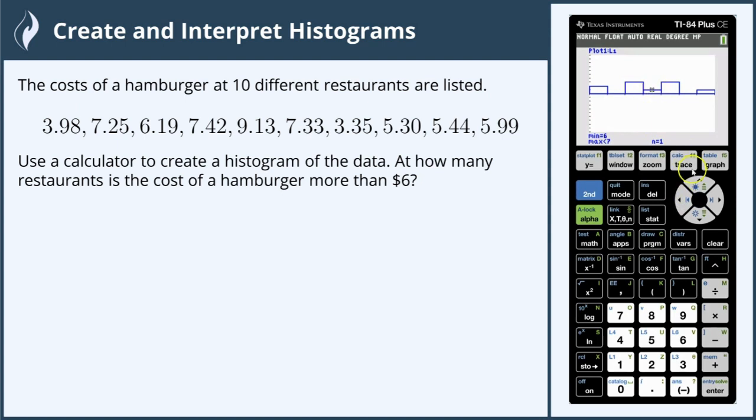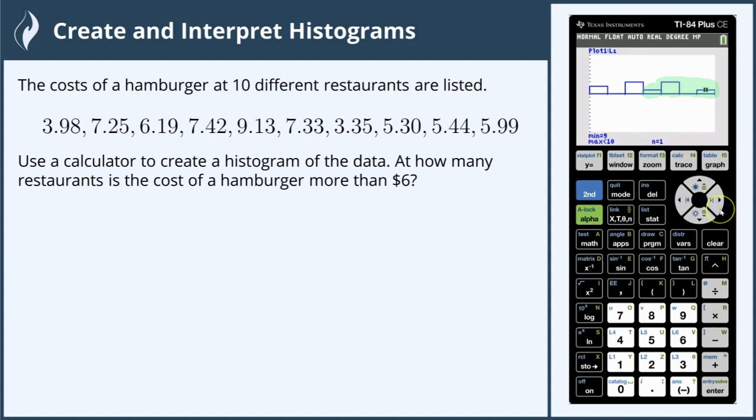So we're looking for more than $6. So this is going to be this part right here. So 6 or up, okay? So when we look at that, we say, okay, well, that first one is worth 1, and the next one was worth 3, then 0, and then 1.